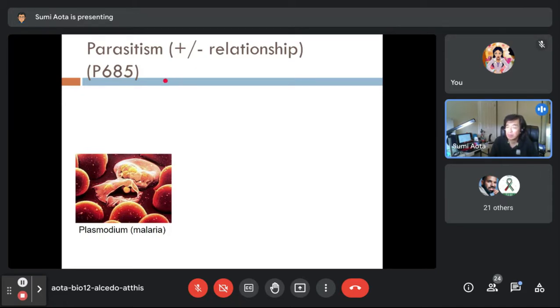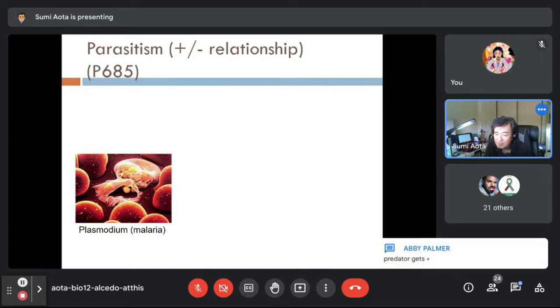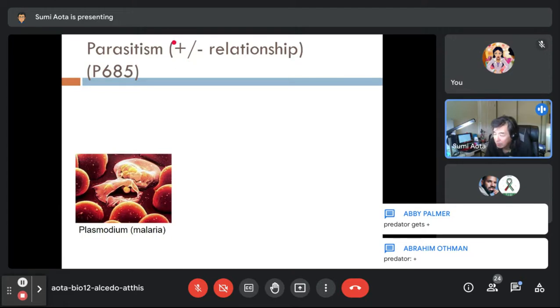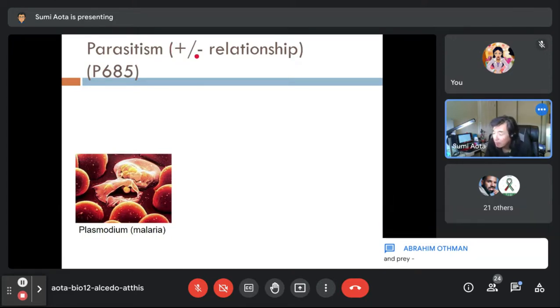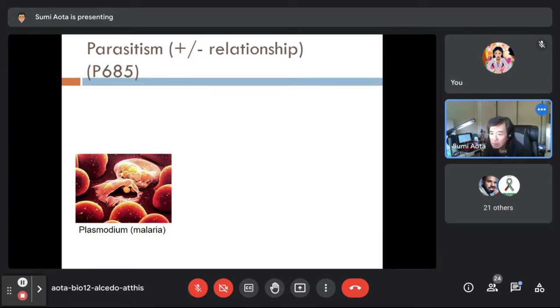So in a predator-prey, who gets the plus and who gets the minus? Yeah, predator benefits, and the prey doesn't. It dies. Okay. What about in a parasitic relationship?